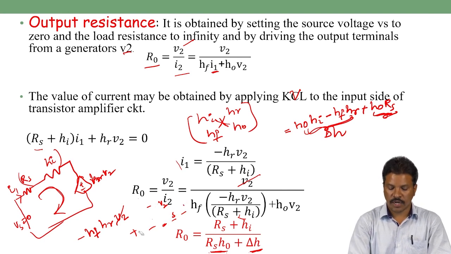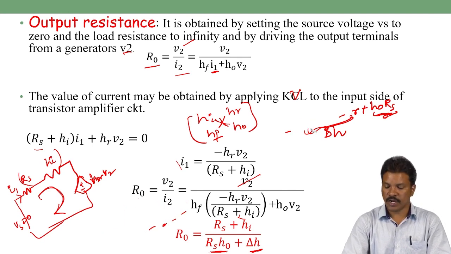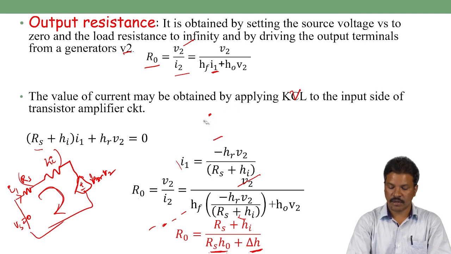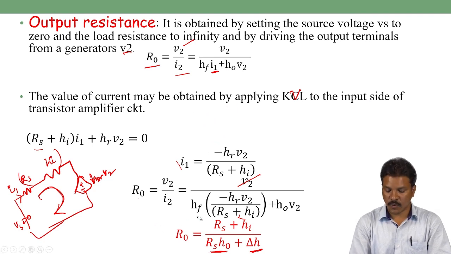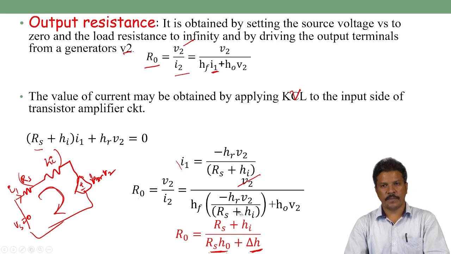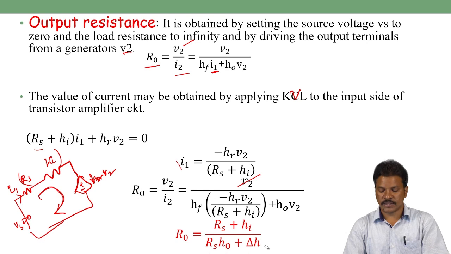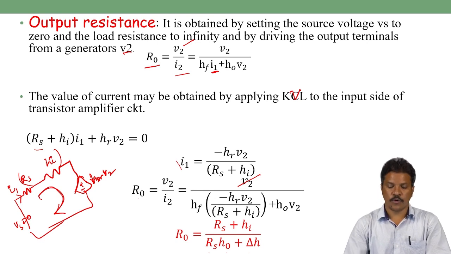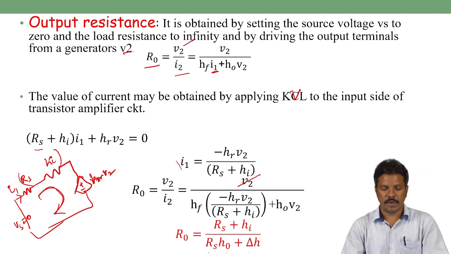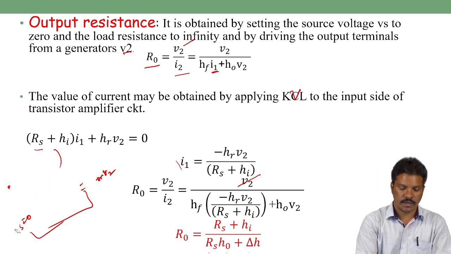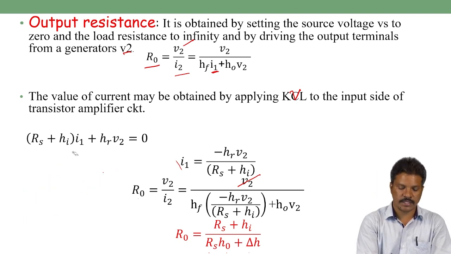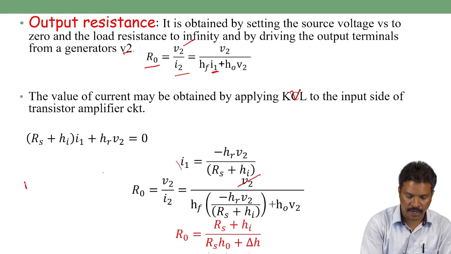So the final equation of this output resistance is: R0 is equal to source resistance plus input resistance, divided by Rs ho plus delta h, so that we can calculate output resistance. So for all these parameters, input impedance, current gain, voltage gain, first we need to calculate current gain.